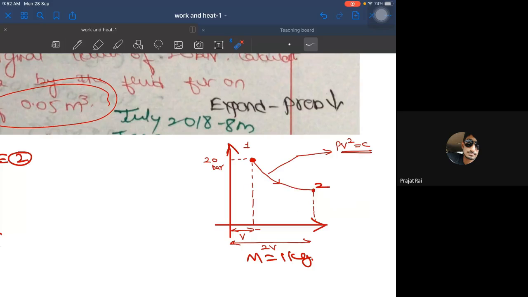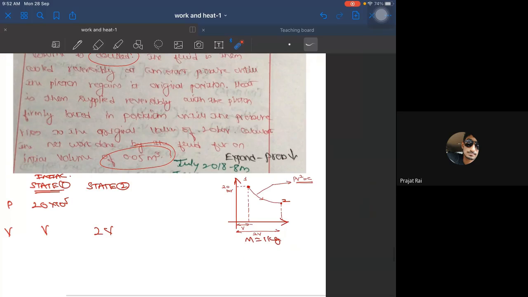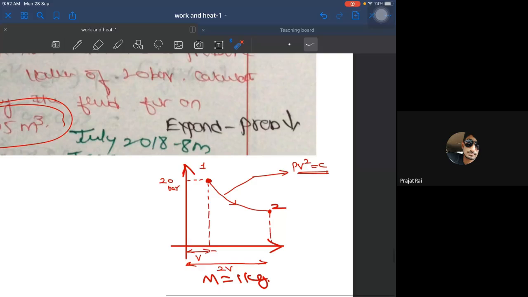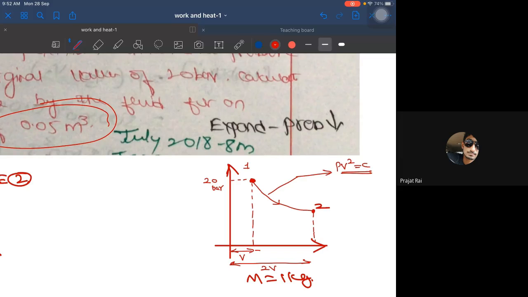Until where it is cooled, again the statement is given: constant pressure until the piston regains its original position. What was its original position? Original position was state 1. So your gas will get cooled isobarically like this until the piston regains its original position. Any doubts here? So this is your state 3.